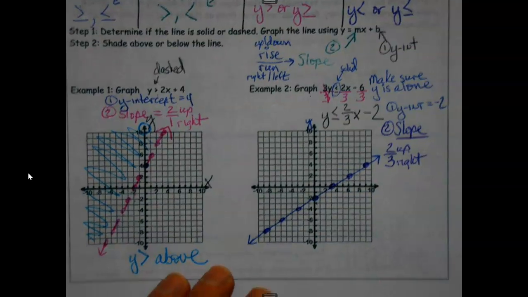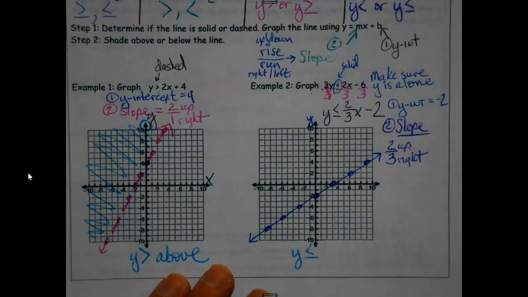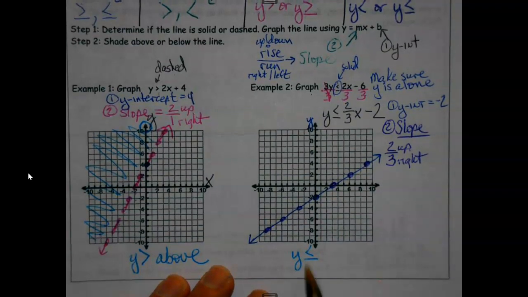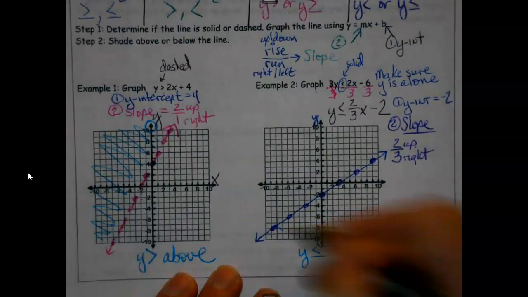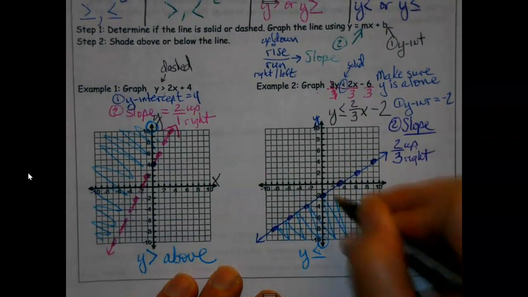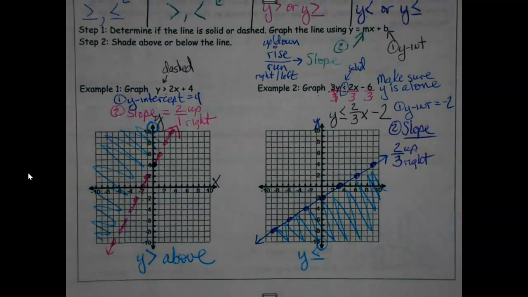And this time, since y is less than or equal to, when the arrow points at y, we're going to shade on the bottom half, or below, in my graph.